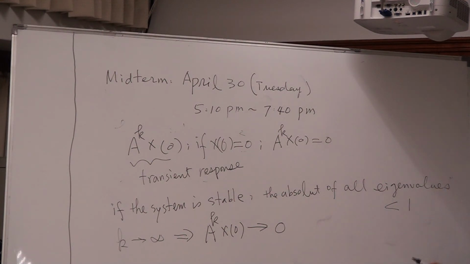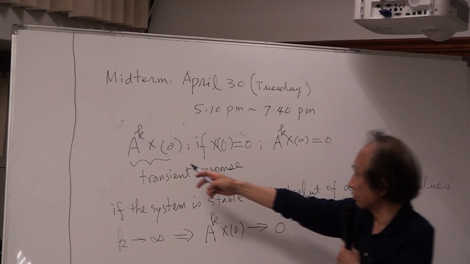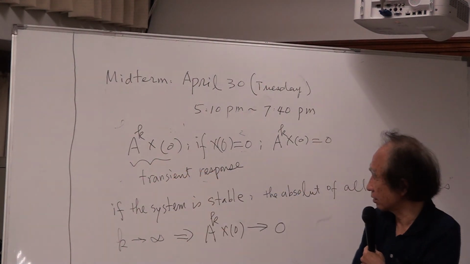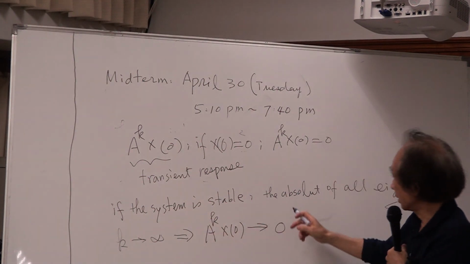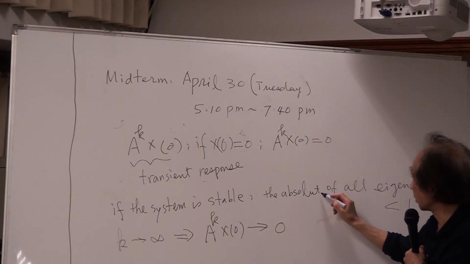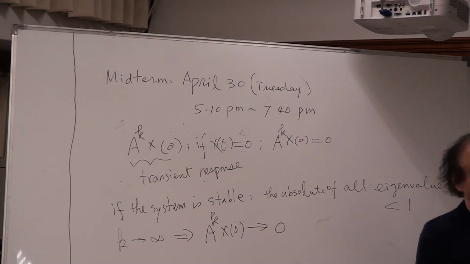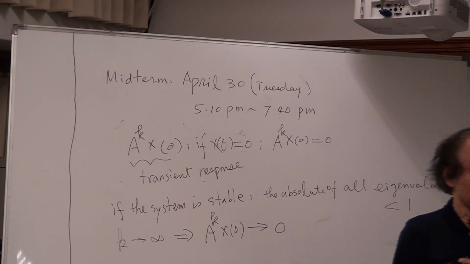Now, A is the discrete model. This is the continuous time model. For the discrete model, the stable system, the absolute value of all eigenvalues is less than 1. Why? Tell me.